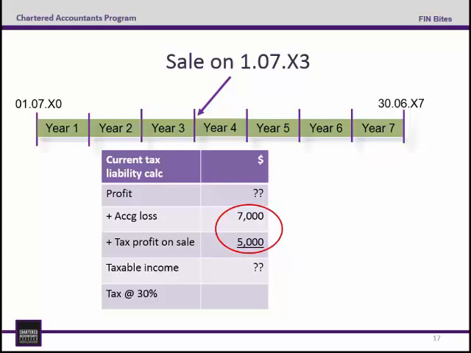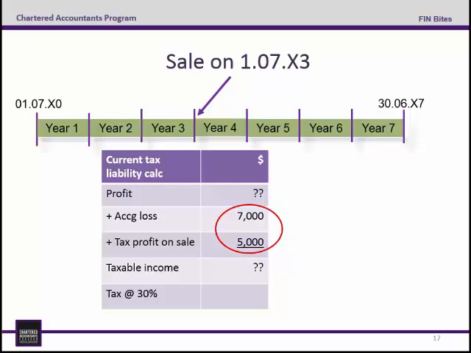Remember that we usually perform these current tax liability calculations at the end of the year, the end of year 4. But if we did it on the 1st of July, there'd be this $12,000 add back. So for now, I'd just like you to understand that by selling the machine, the current tax liability will increase by $3,600.